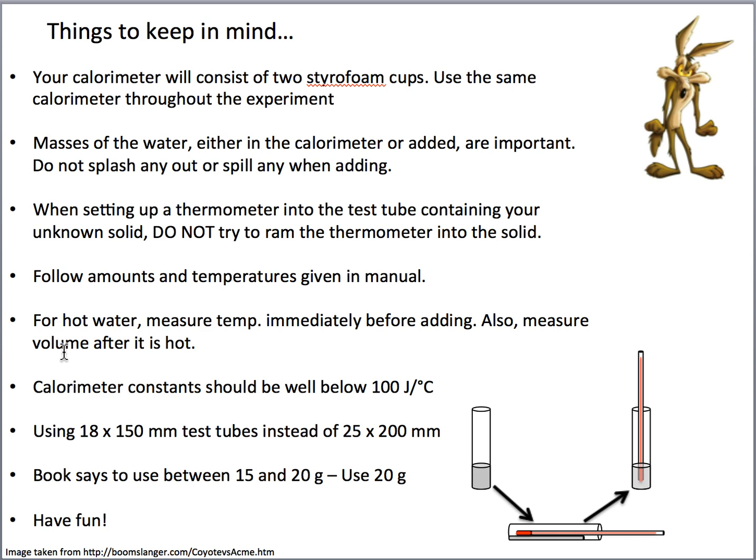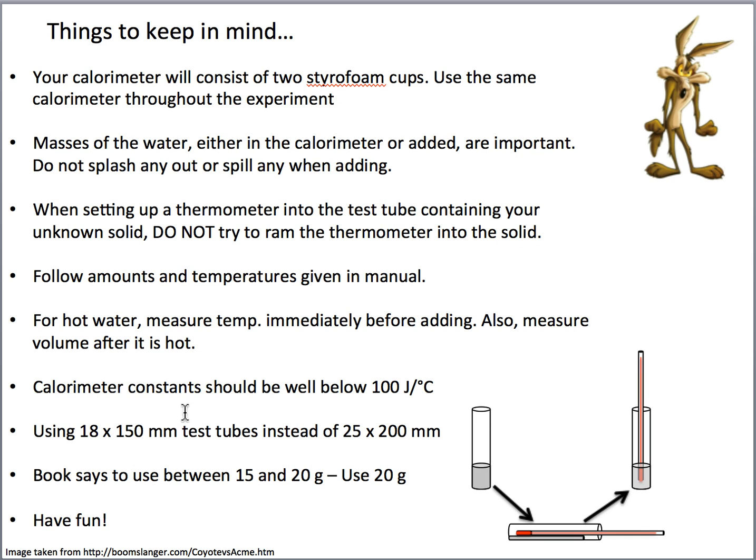And as soon as you take that temperature with the thermometer in the hot water, you pull it out of the graduated cylinder and you pour that hot water into your calorimeter. The time between when you measure that temperature and you transfer it to the calorimeter has to be minimal if you want to get good values for your calorimeter constants, which then will influence how good the values you can get for your specific heat.